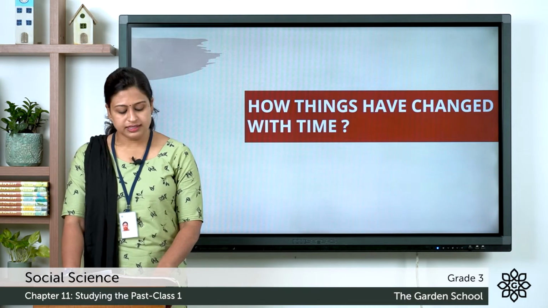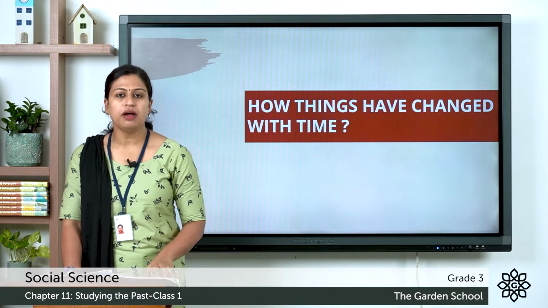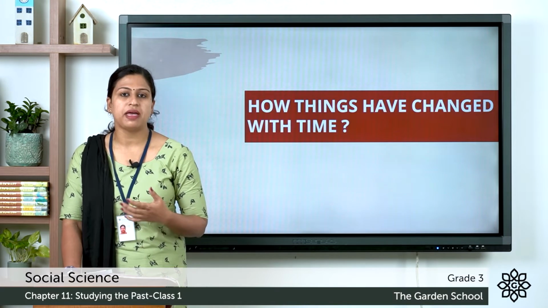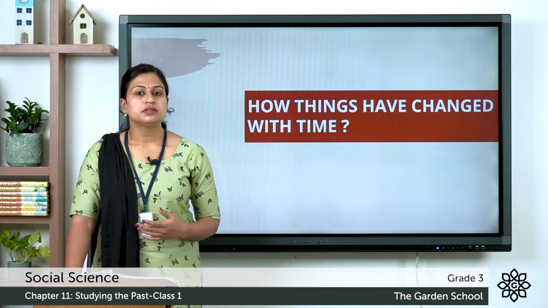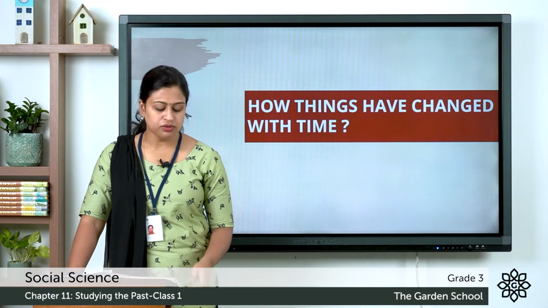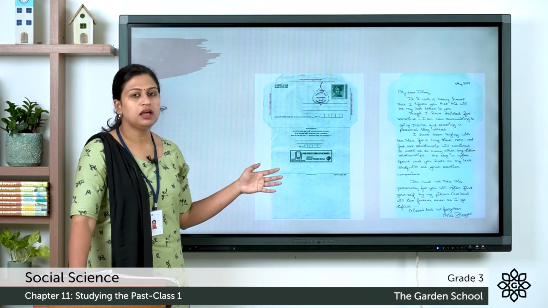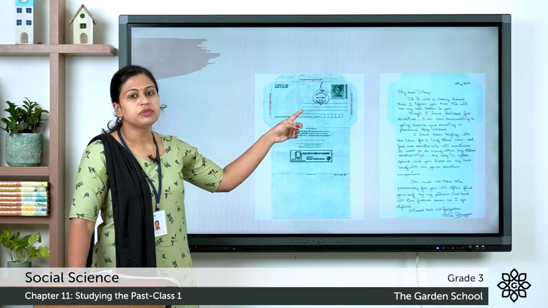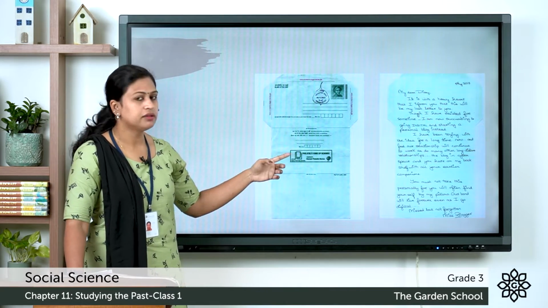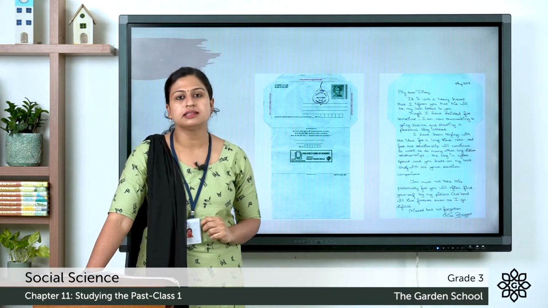Next column, it's keeping in touch with people in another city. You have to write how your grandparents, parents and you keep in touch with people in another city. Your grandparents might have used inland letters and postcards. Here you can see a picture of an inland letter. You write the to address, and at the back you write the from address, and the body is written on the other side.